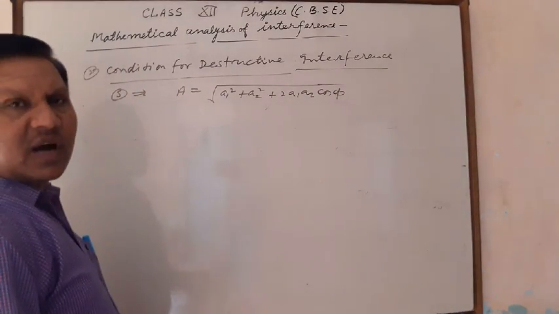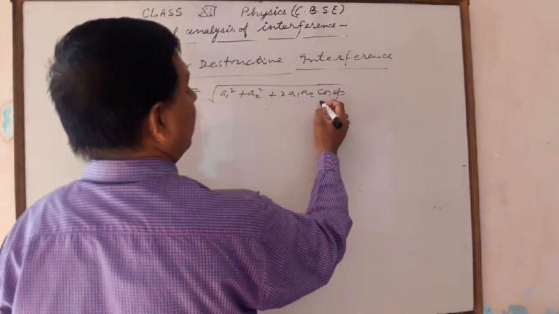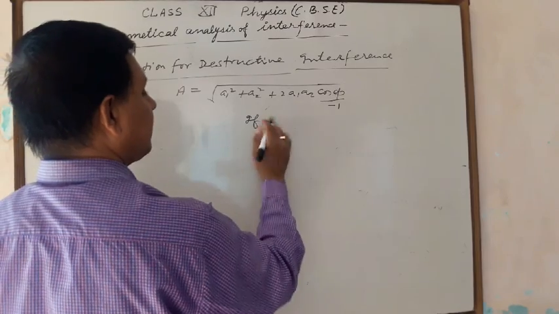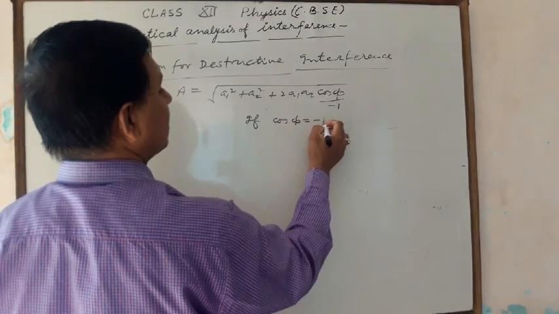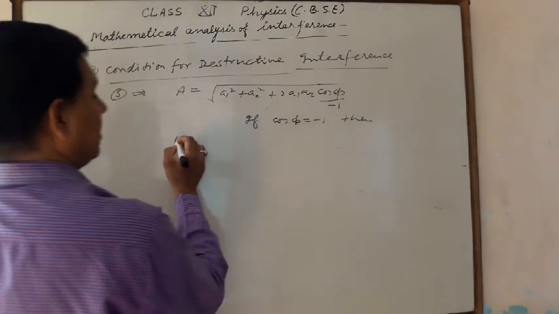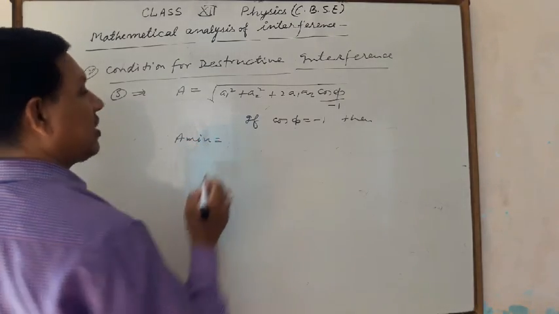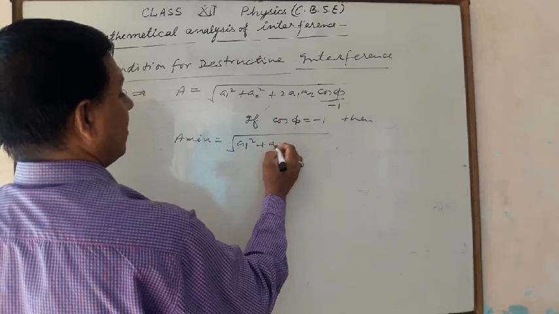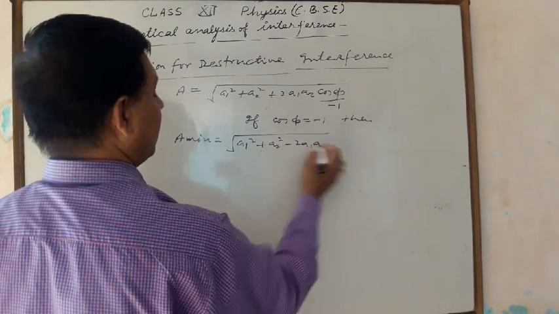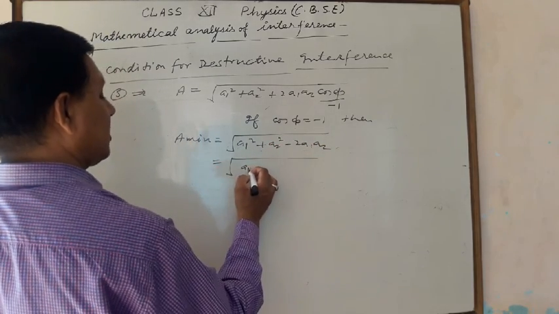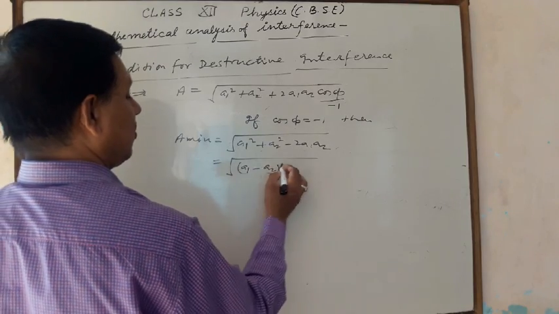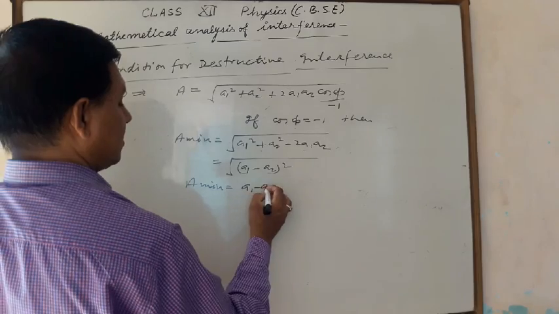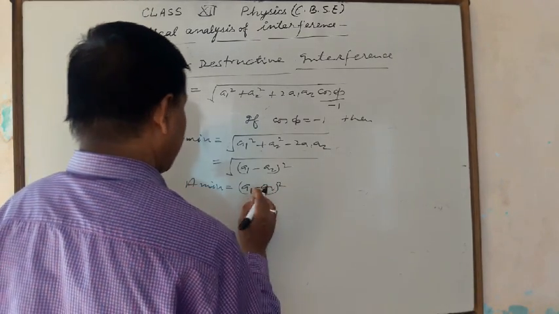If cos phi is equal to -1, then the amplitude of the resultant wave becomes minimum, and this is equal to under root A1 square plus A2 square minus 2 A1 A2, which can be written as A1 minus A2 whole square.